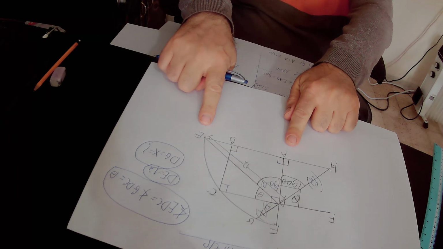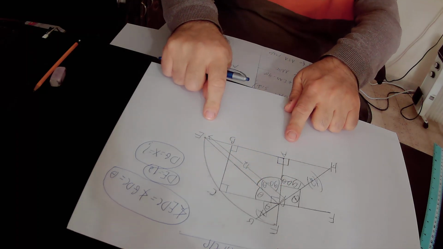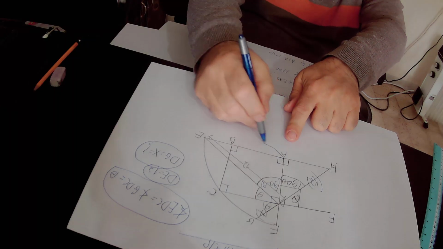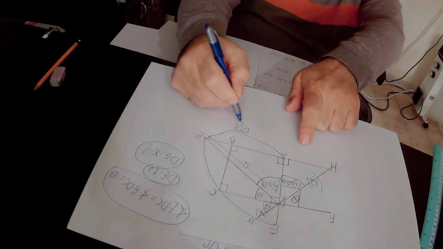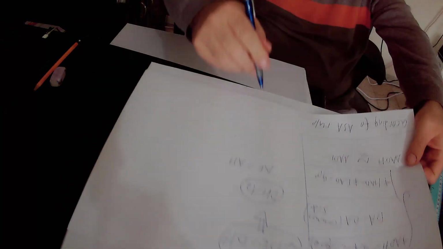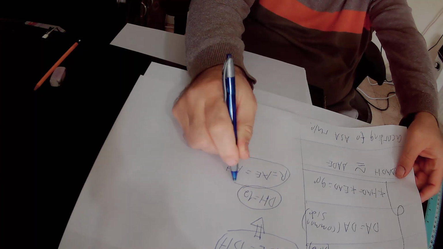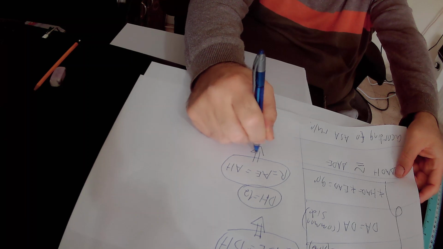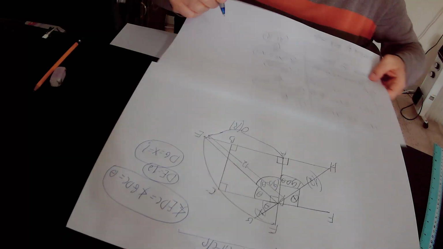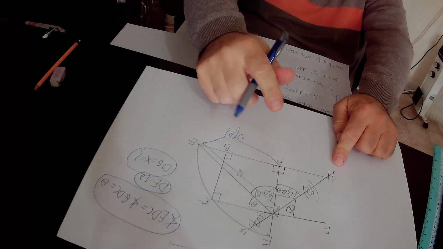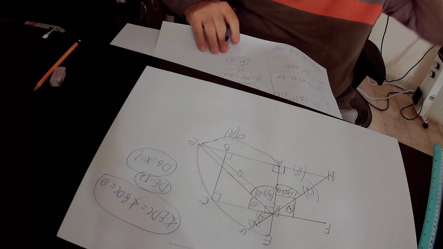Line segment AE is the radius of this quarter circle. So we define the radius of this quarter circle as R, and therefore AE equals R according to our definition. And from the equation R equals AE equals AH, we derive that AH also equals R.